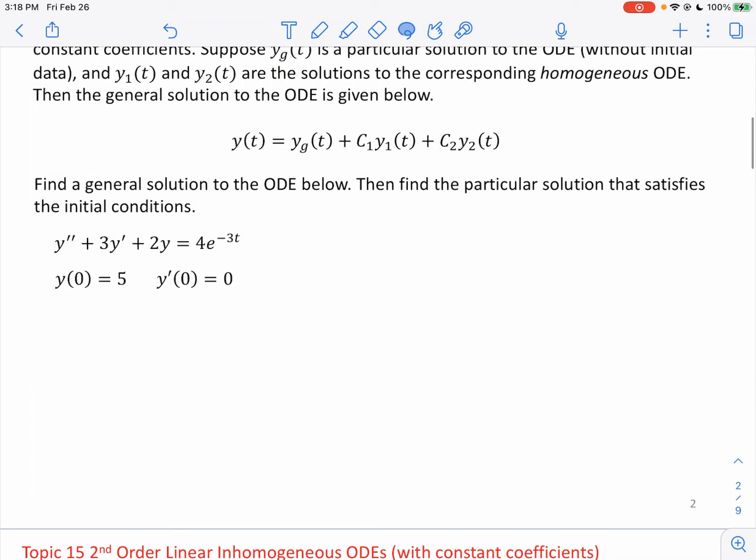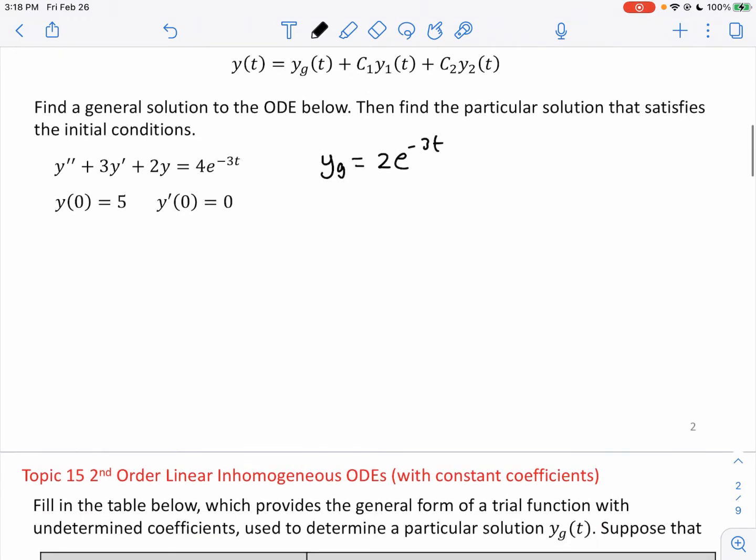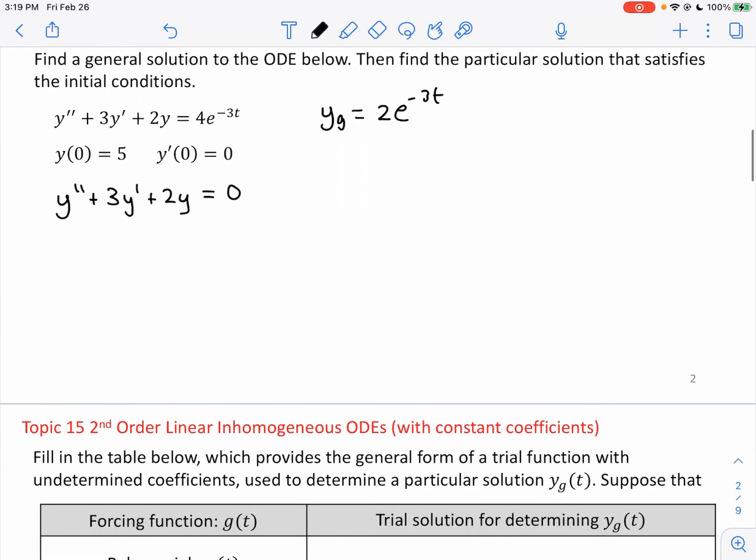Okay, so let's do this one here. We've already shown that y sub g for this function is 2e to the negative 3t. Here we did that in the last slide. Now let's go back to the homogeneous version of this. So rewrite the differential equation, but switch the other side to 0 again, and find out what the solutions to the homogeneous version are.